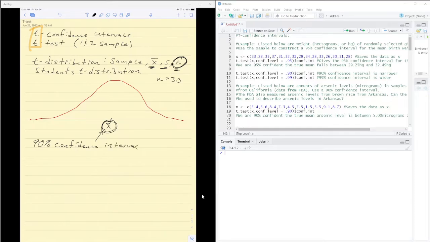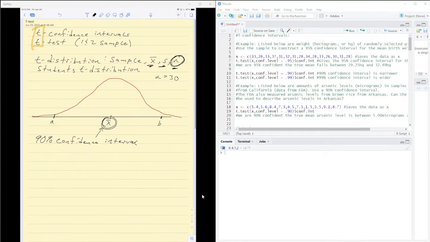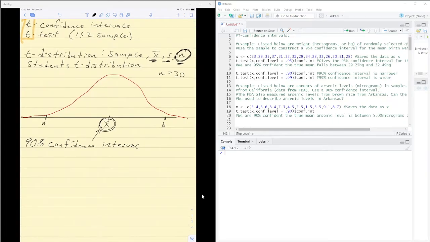Well, what that's asking is, okay, if I want to make a distribution to describe this population mean from this sample, then in this t-distribution, I need to find what two numbers, we'll call them A and B, so that this is 90%, right?